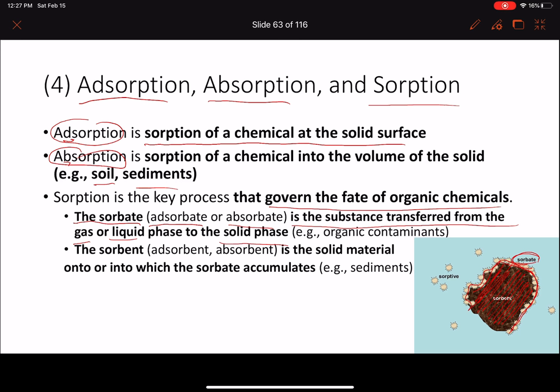The sorbent, the solid, it's an adsorbent or absorbent, is the solid material onto which the sorbate accumulates. Example, sediments. So you have to know the difference between adsorption and absorption, and sorbate and sorbent.